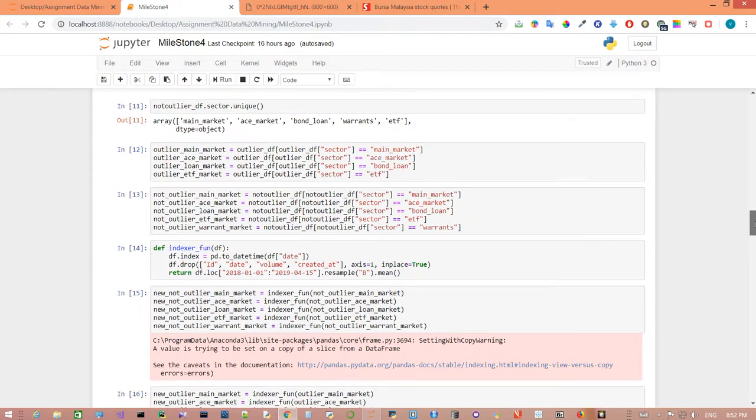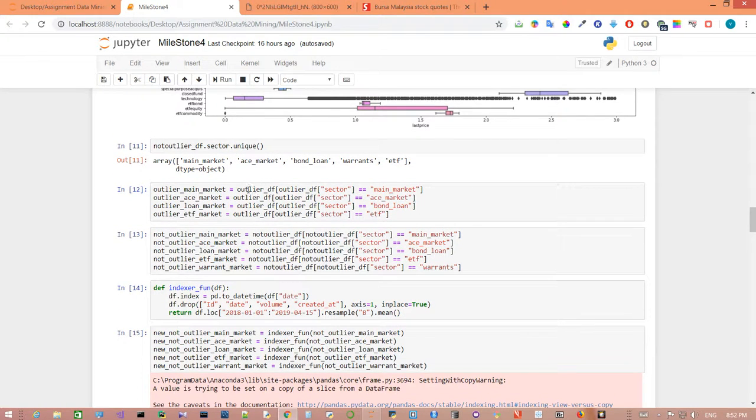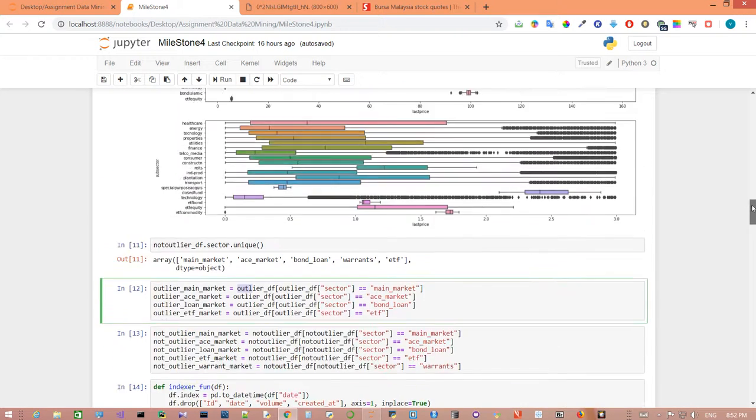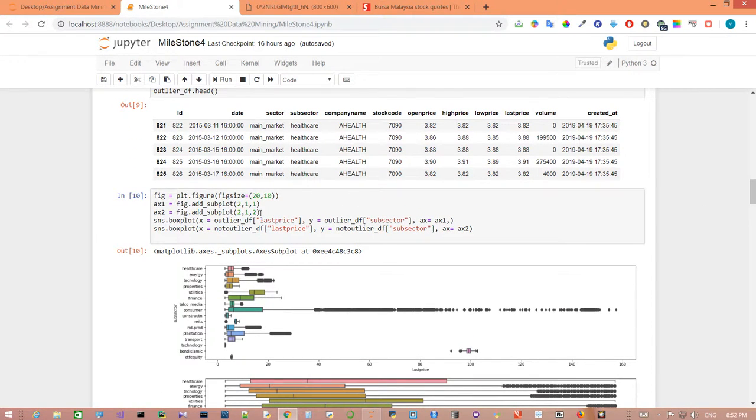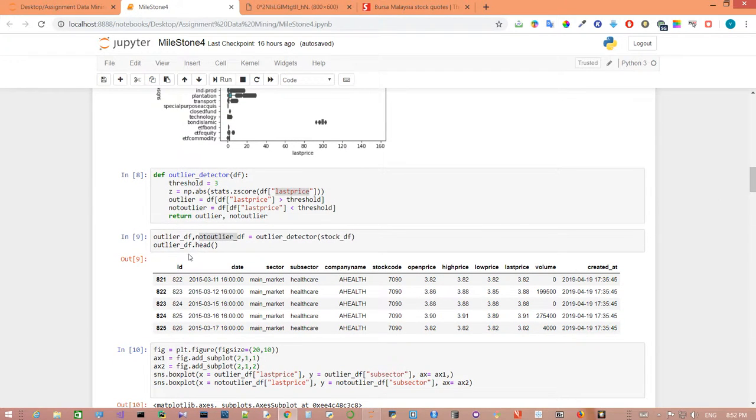So for outliers, as I said, I created 2 new data sets here: outliers data frame and not outlier data frame.